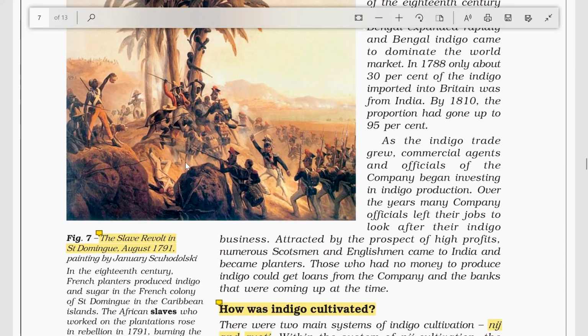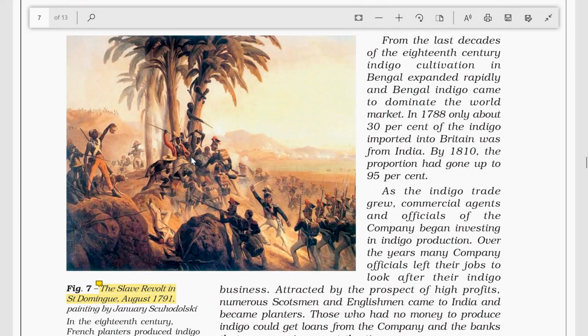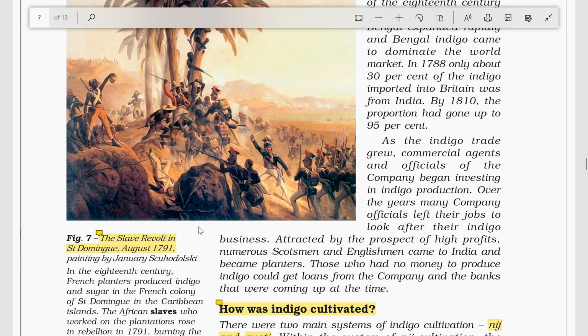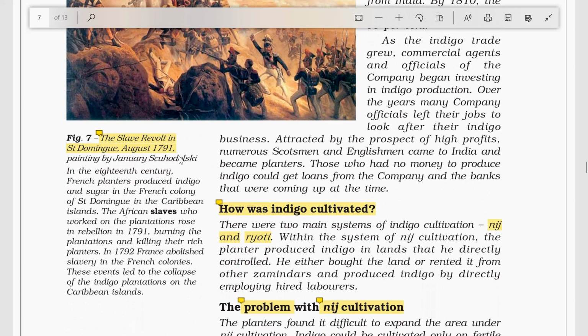See, girls, here they have given you one picture of how the slaves in Saint Domingue stopped the cultivation of indigo, and how they were fighting against the French colony. These are the African slaves who were brought from the African colonies to Saint Domingue.